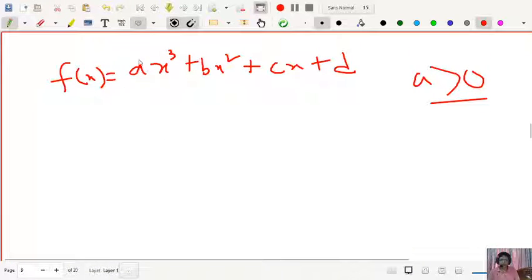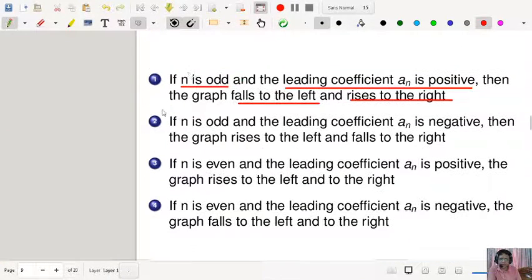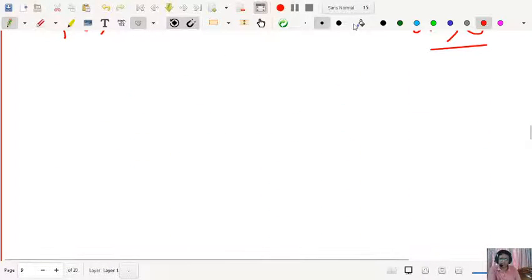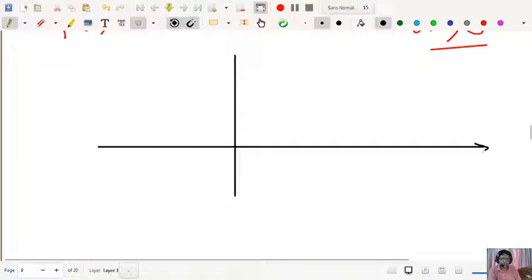Look at that, a is positive and n is odd; n is 3, the highest power of x. So n is odd and the leading coefficient is positive. Now let me draw the diagram. Let me draw the axis first. This is the coordinate axis. So it will be like this.